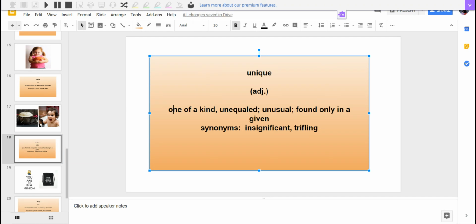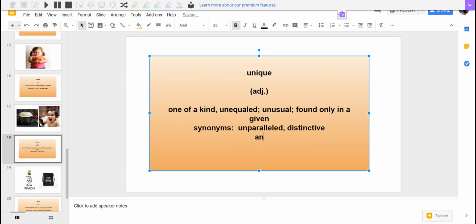Oh man, I made a boo-boo on that one. With the synonyms, I don't know what I was doing. I screwed up. Synonyms are unparalleled, or distinctive.